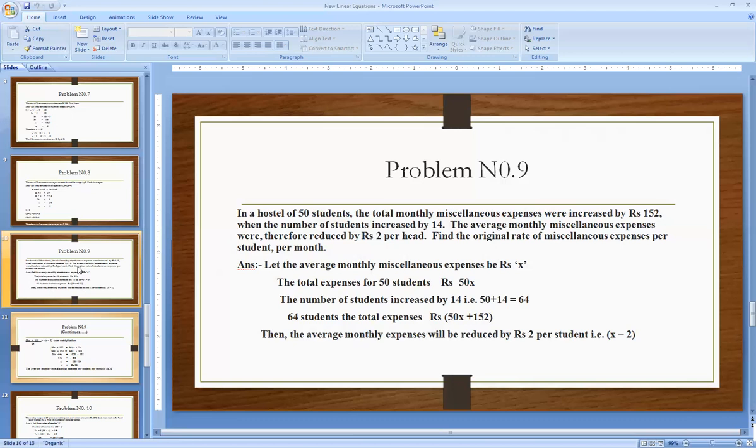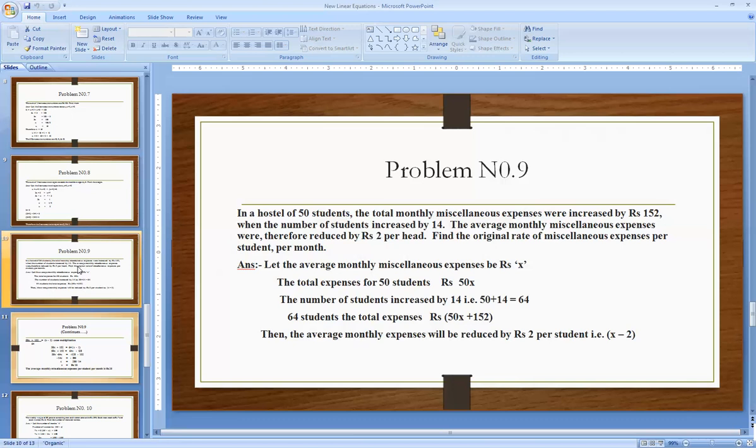So 50 plus 14 will become 64 students. At that time the miscellaneous expenses also increased by 152 rupees. And if the total expenses increased, the expense for each student was reduced, that is by 2 per month. Now we have to calculate the expenses per month and per student.